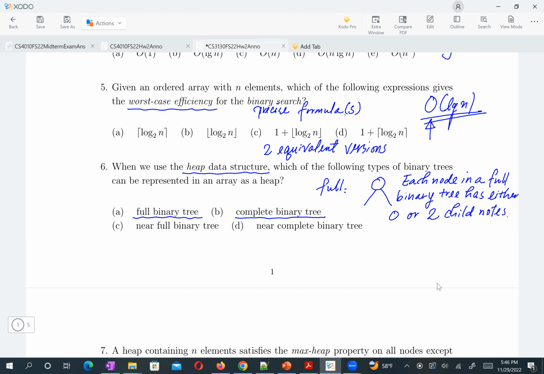That's the definition. Either 0 or 2, that means no one child node. That's the full binary tree. No one child case.